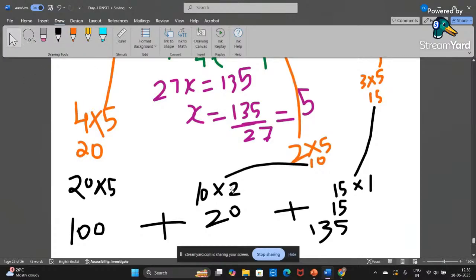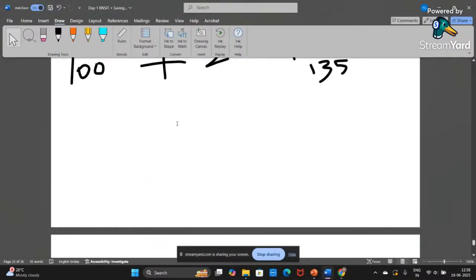Now let us solve another problem. Let us take the values. x is to y equals 3 is to 1.